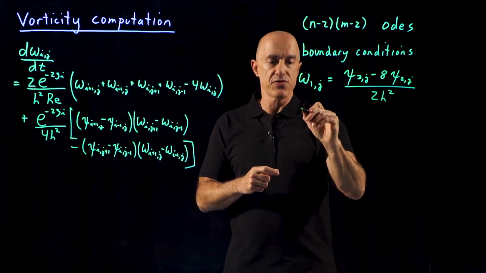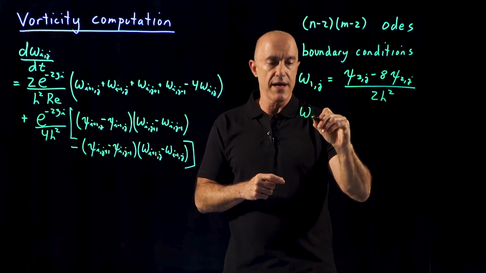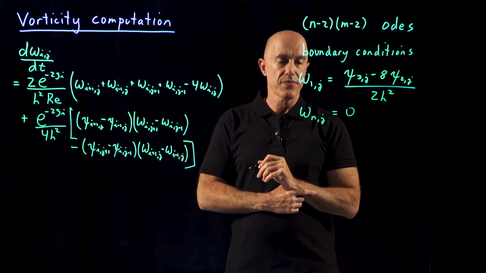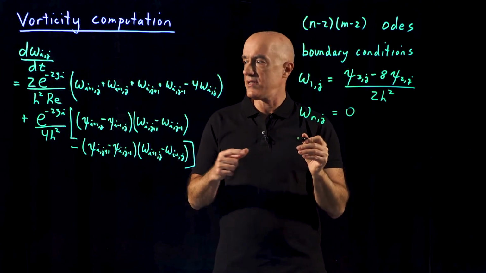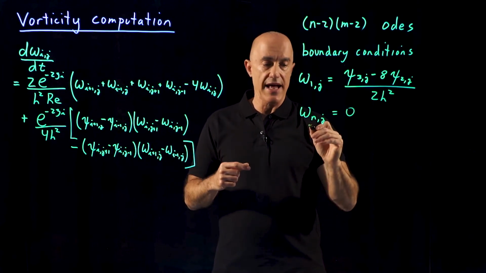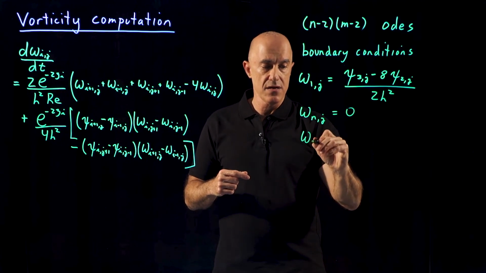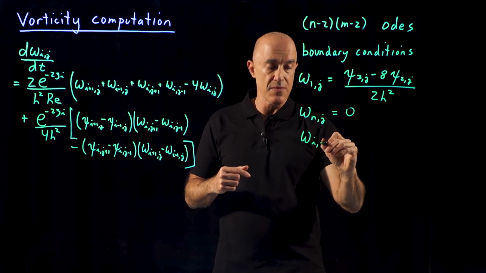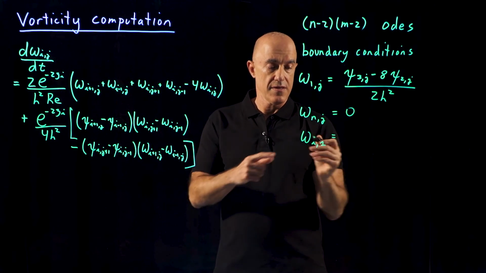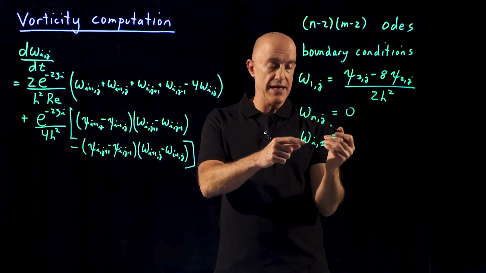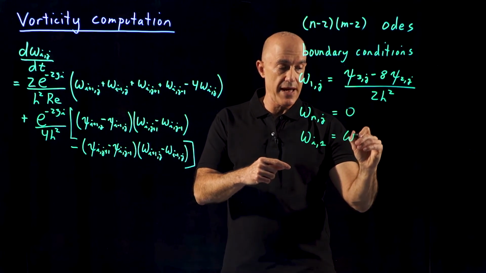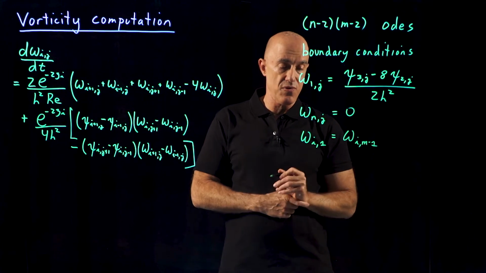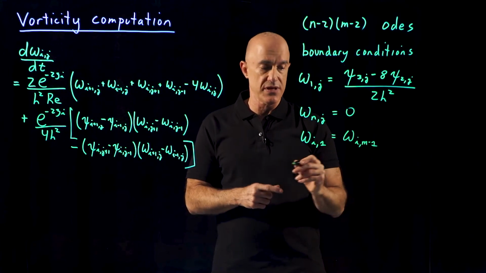We have the free stream boundary condition, omega n comma j equals 0. And then we have the boundary condition in the polar angle. So we have omega i comma 1, the first grid point, equal to omega i and the m-1 grid point. That's the periodic boundary condition.